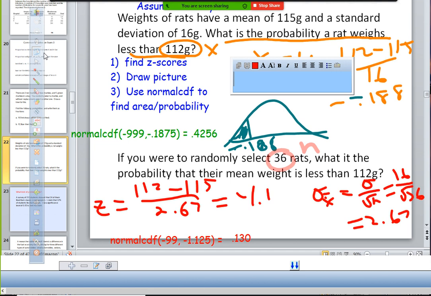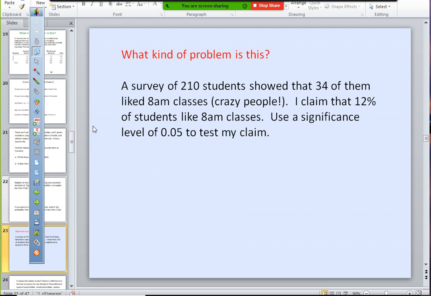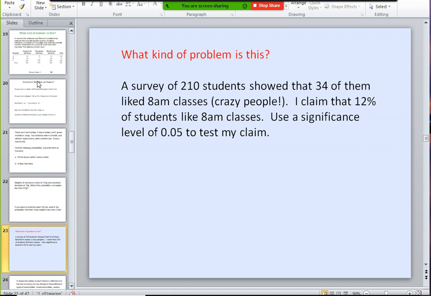All right. Is everybody done? So let's just do a few of these so we can help you guys sort this out. So what kind of problem is this one?